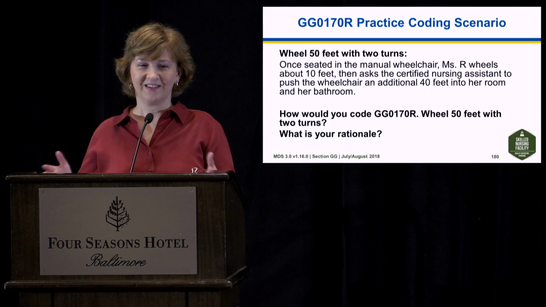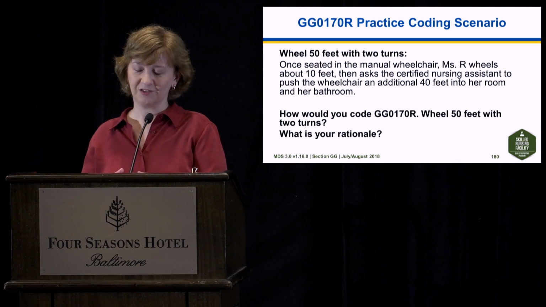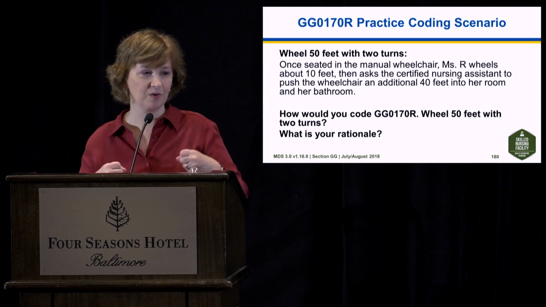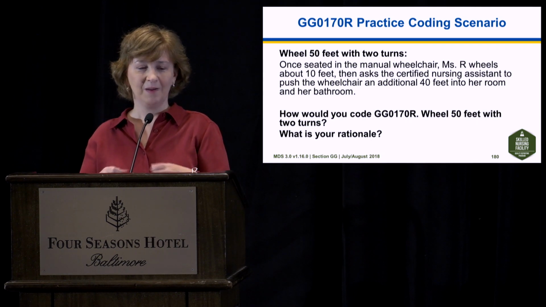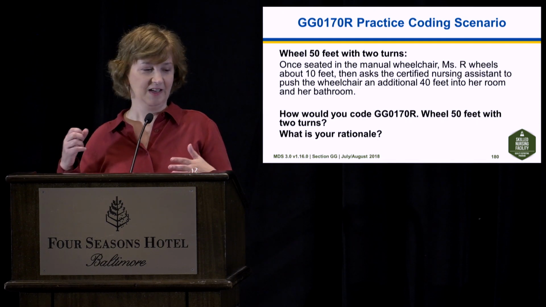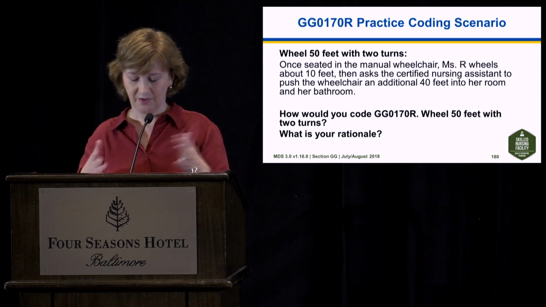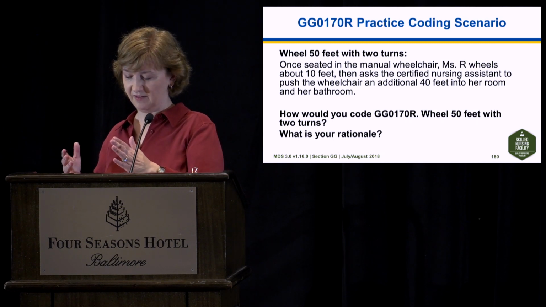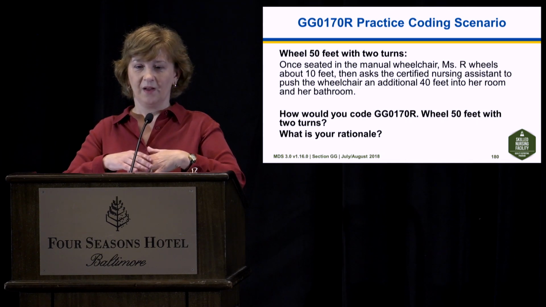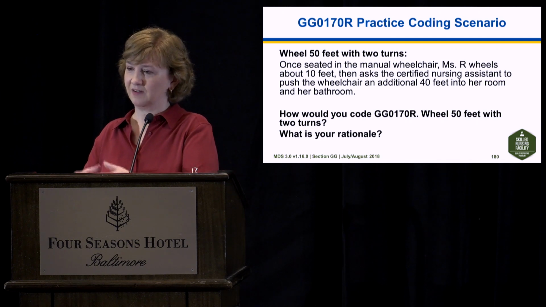So in this case, if somebody is being coded for a wheelchair, the wheelchair items can be coded even if the person goes a partial distance on their own, because somebody's going to help the rest of the way. A helper will be helping. A person can be pushed, whether it's a therapist or a nurse or certified nursing assistant. And so you can code all of the activities even if somebody goes a partial distance for wheelchair.